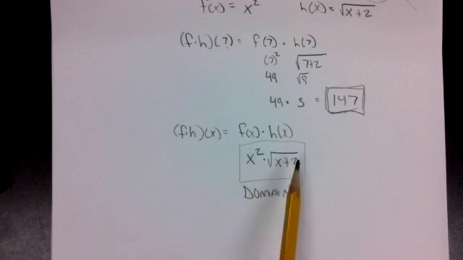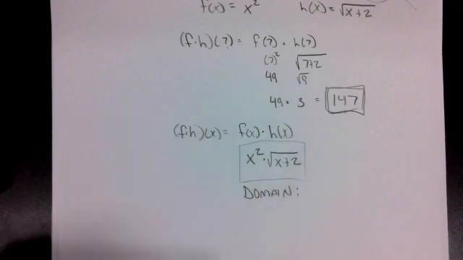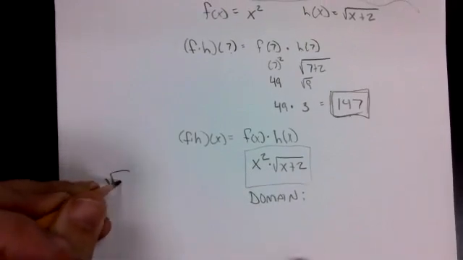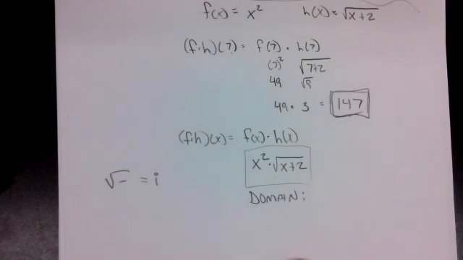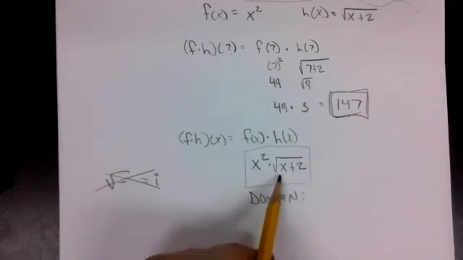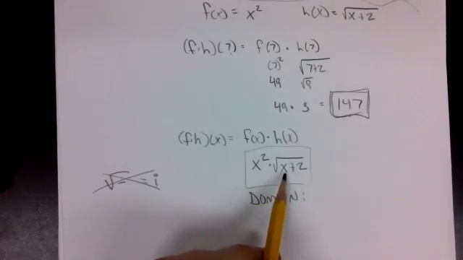Over here, the square root piece has to be positive. Square root of a negative number implies some kind of imaginary answer. We want to avoid that. So we have to figure out what kind of numbers I can plug in here that keep this from being negative.